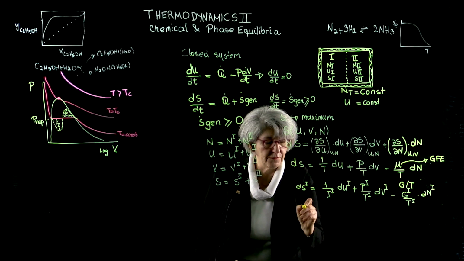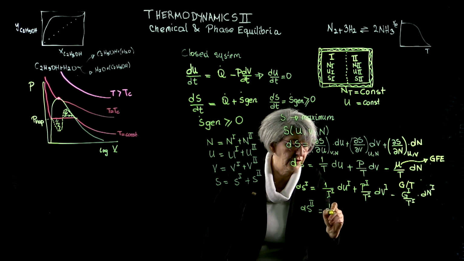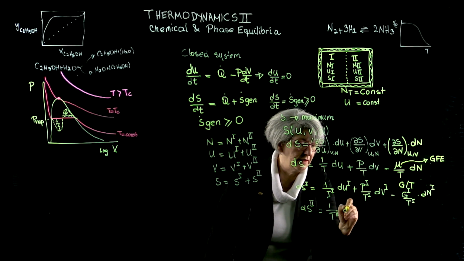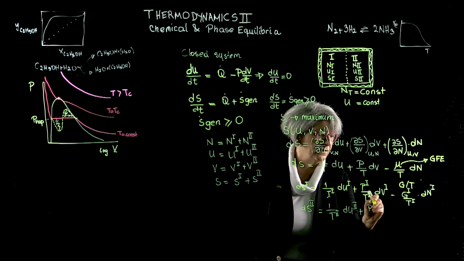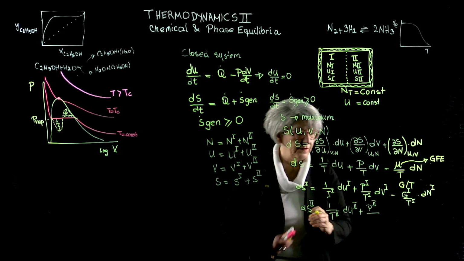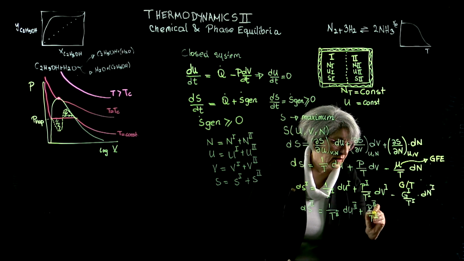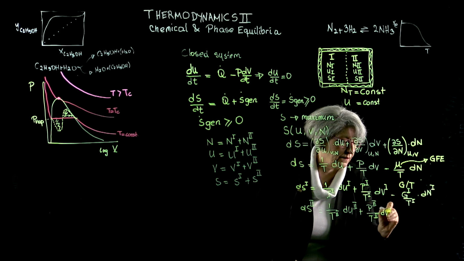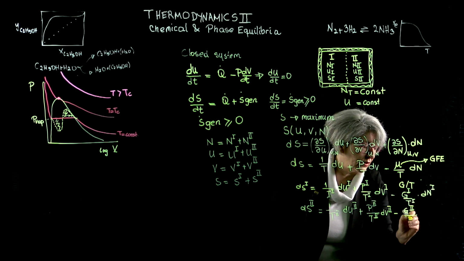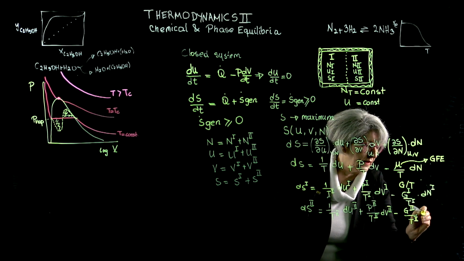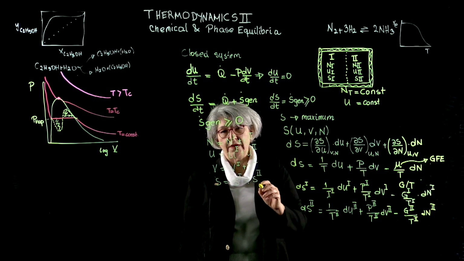The same can be written for phase 2: ds2 is equal to 1 over T2 du2 plus P2 over T2 dV2 minus G2 over T2 dN2.